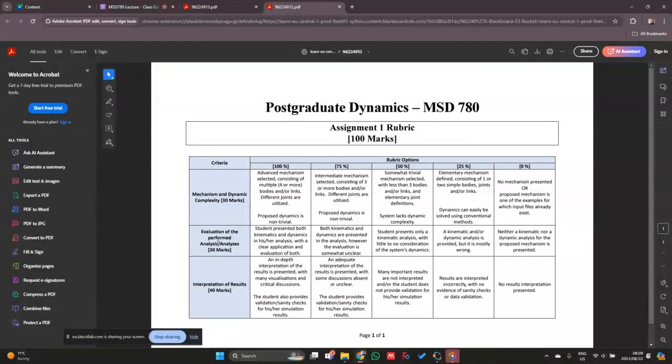Then the evaluation of the performed analysis. This deals more with the actual kinematics and dynamics. We'd like to see that you employ both kinematics, so the actual motion, or the coordinate, velocity and acceleration state, and also considering the dynamics, so extending that to the actual forces of the system. And then for the interpretation of the results, this has to do with your graphs, and whether you're doing some sort of a validation or sanity check as well.